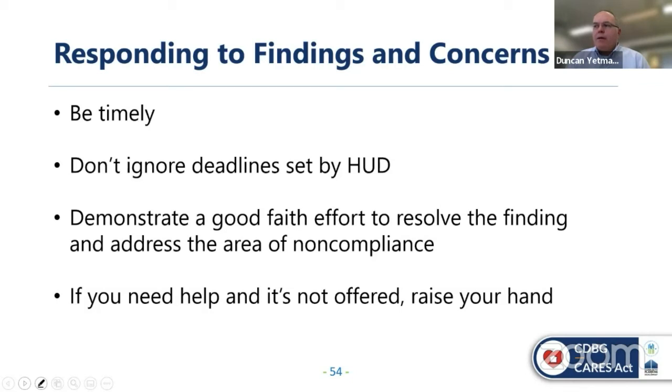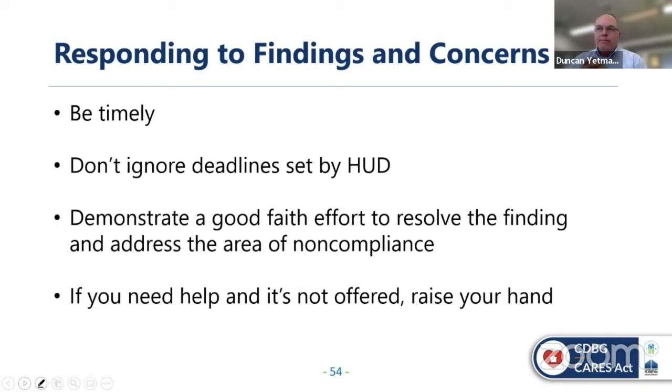First of all, this may be obvious, but be timely. And again, if there's some circumstance that's going to prevent you from being timely, let HUD know about that. Don't ignore the deadlines set by HUD. Demonstrate a good faith effort to resolve the findings and address the area of noncompliance.